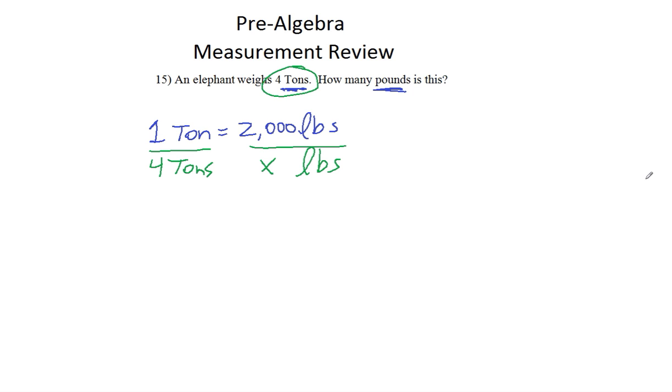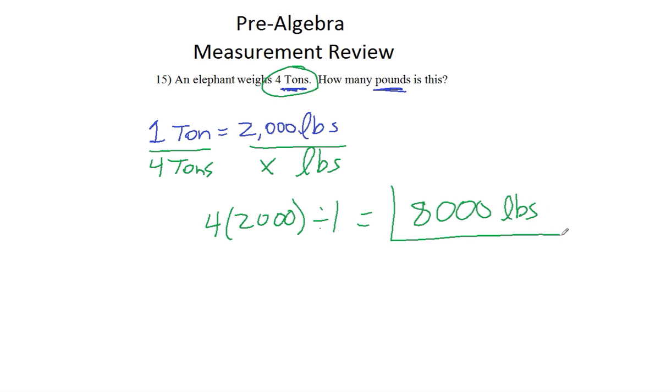That's your setup. Now all I have to do is cross multiply and divide: 4 times 2,000 divided by 1. Your shortcut would just be 4 times 2,000, but this is how you know it's 4 times 2,000 instead of perhaps 2,000 divided by 4. When you do that, we come up with 8,000 pounds. That is the weight of your elephant. Nice and easy on that one.